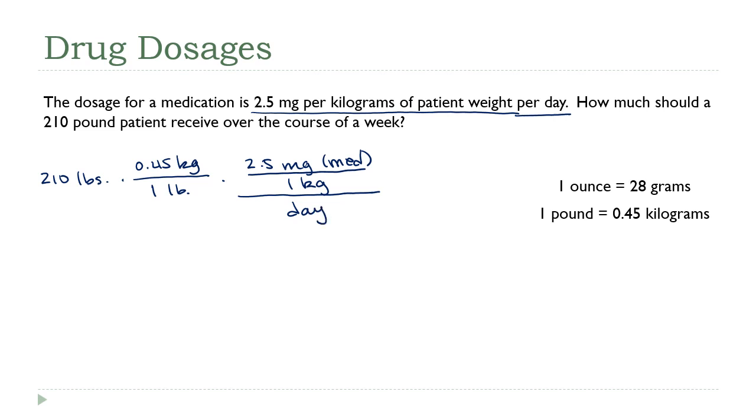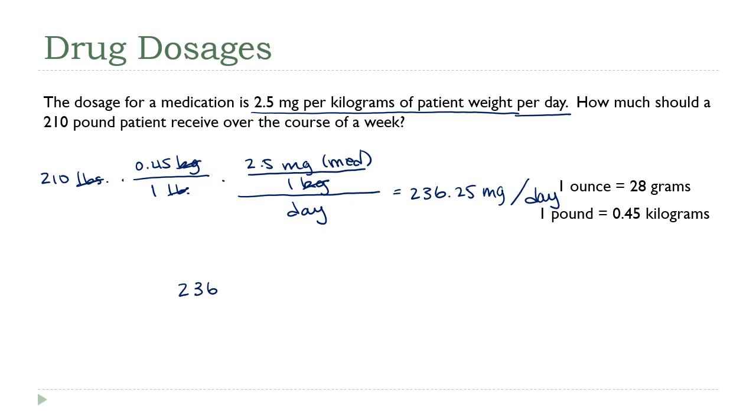So now the pounds are going to cancel, the kilograms are going to cancel, and we're left with 236.25 milligrams of medication per day. Okay, now it's easy to get to weeks.